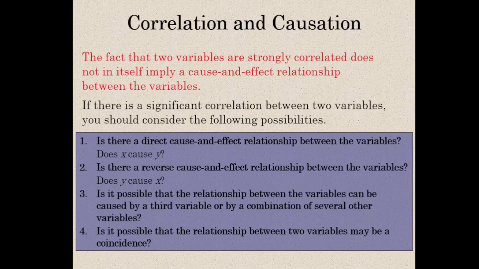It might be the case that the relationship they are showing is just because of some other third parameter, or it is just a coincidence that they are matching. So this was the idea of causation, the cause and effect relation. The correlation does not imply that it is following cause and effect. That's it. Thank you.